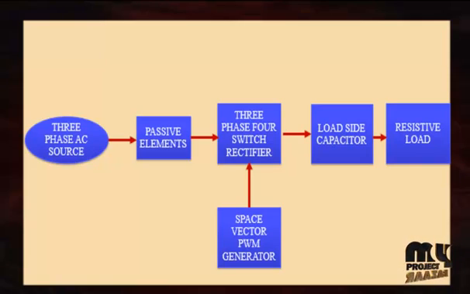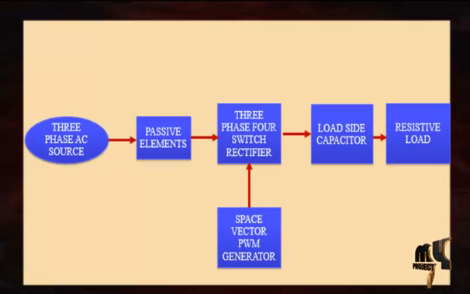Then the 3-phase 4-switch rectifier pulses are obtained from the space vector pulse width modulation technique, and delivered from the PWM generator. The main advantages of this 3-phase 4-switch rectifier compared to the conventional 6-switch rectifier are that the overall switching count is reduced, and it has bidirectional power flow and low harmonic distortion of line current.